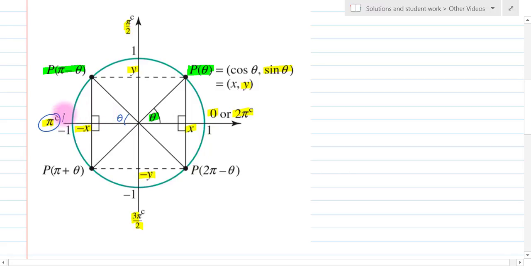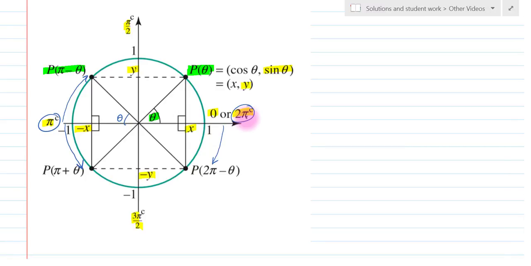So if we move backwards from pi by theta degrees or theta radians, we get to a point that is P of pi minus theta. And equally, if you start at pi and move down, you get to a point of P of pi plus theta. And over here, you start from 0 and move down, you get to a point of negative theta, or if you start from 2 pi and move backwards, you get to a point P of 2 pi minus theta.